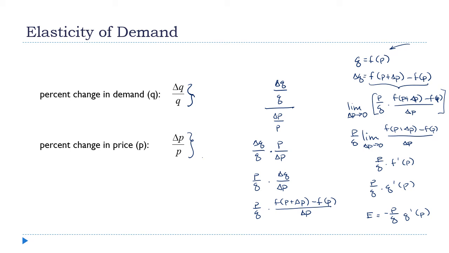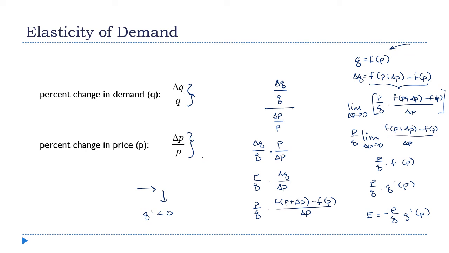And the reasoning is, look, what does Q prime look like? Q is the demand, and we know just from your basic economics class, as the price goes up, the demand goes down. Right? So as the price goes this way, the demand goes this way. That means Q prime is always going to be a negative number.